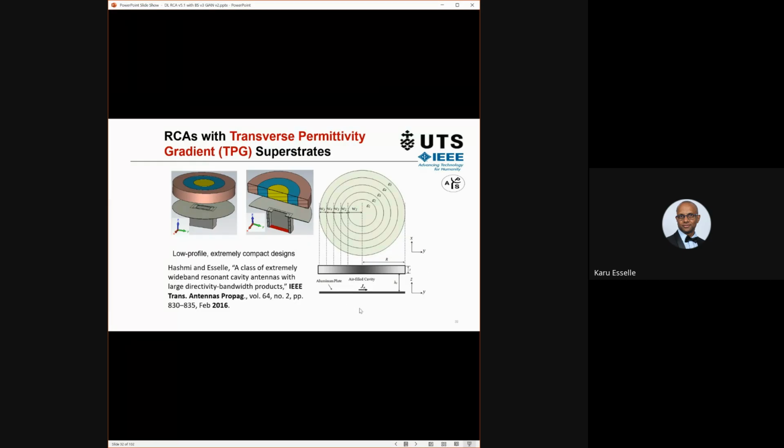This is the antenna, this is the axis of the antenna. You can see different colors. That means these are different dielectrics. So here we are changing the dielectric constant in the transverse direction on the XY plane. So we call this RCAs with transverse permittivity gradient. This is our first Transactions paper on this topic, if I remember correctly.